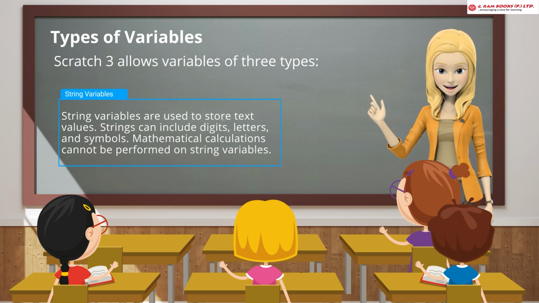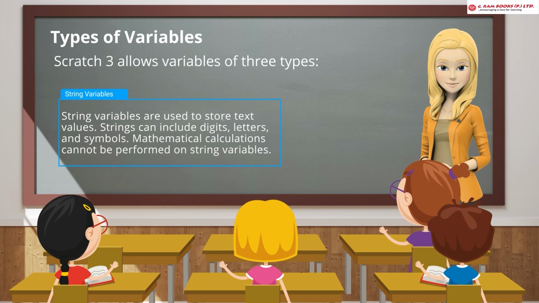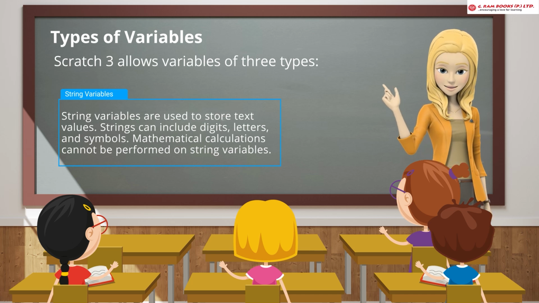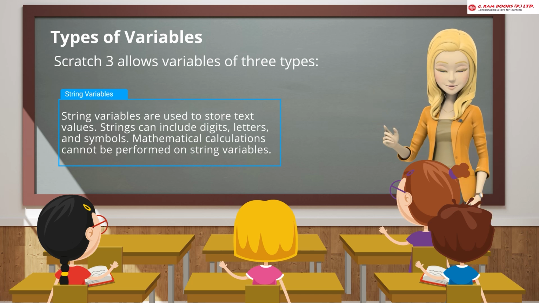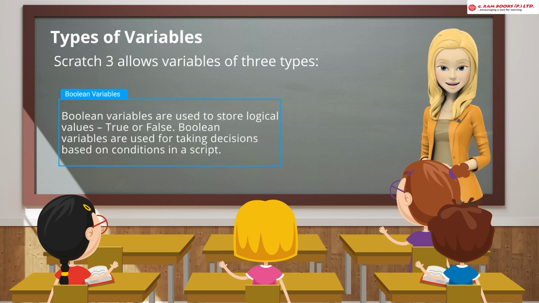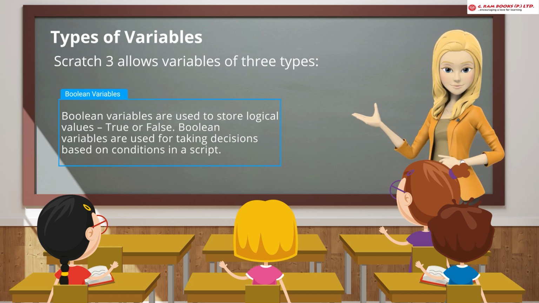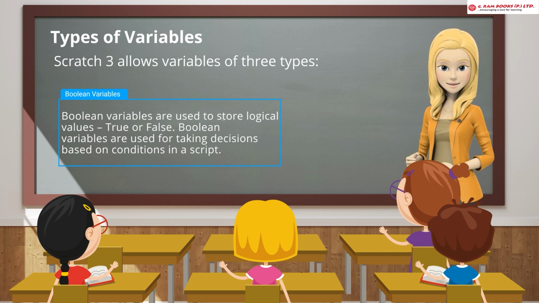Strings can include digits, letters, and symbols. Mathematical calculations cannot be performed on string variables. Boolean variables. Boolean variables are used to store logical values, true or false. Boolean variables are used for taking decisions based on conditions in a script.